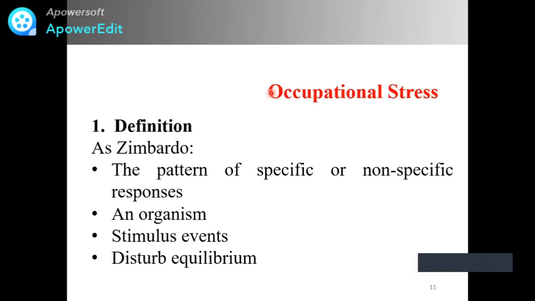Equilibrium means that if we are living in a healthy manner, we maintain our physical, mental and day-to-day activities in a balanced way. If there is an imbalance because of something that creates pressure within our body, that is the stress.